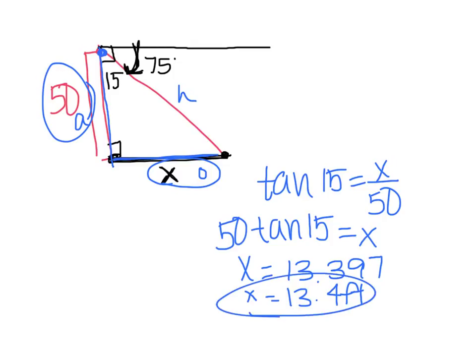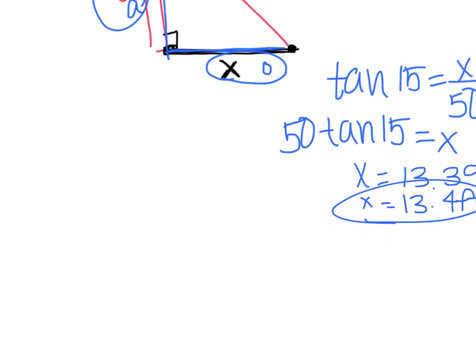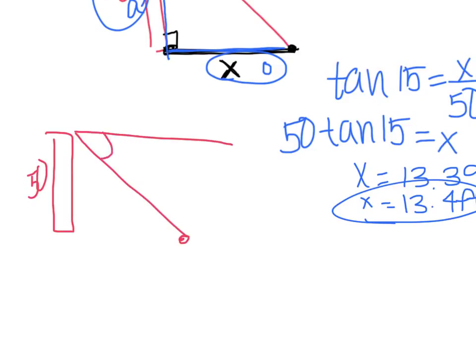The other way that you could do it depends on how you see it. So if I go ahead and draw another picture here. This is 50. Here's the wire. Here's 75 degrees. Here's x.